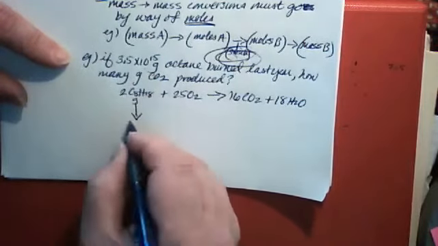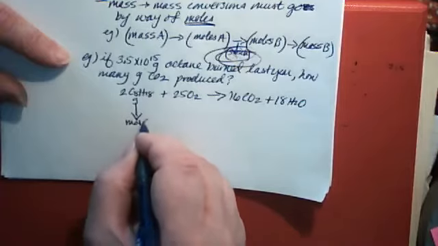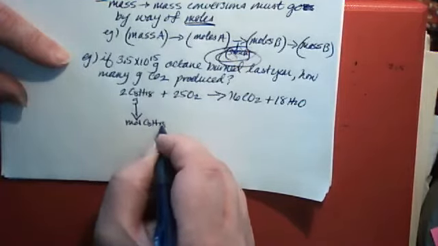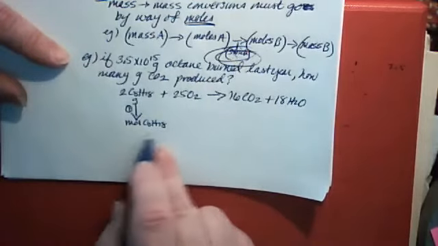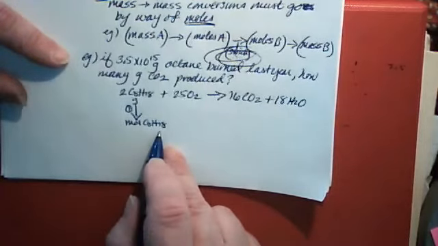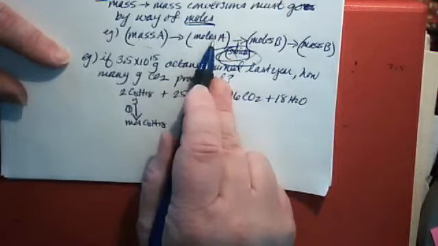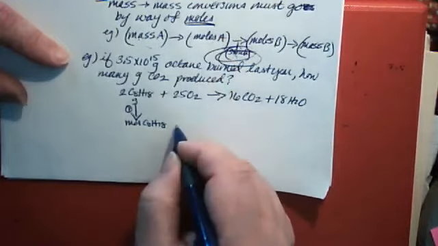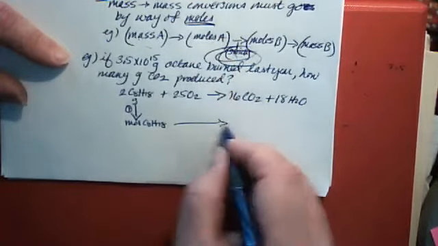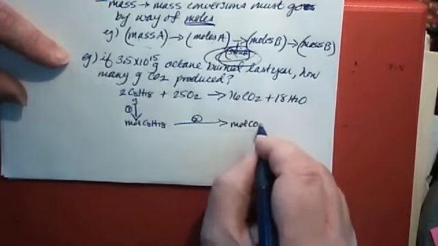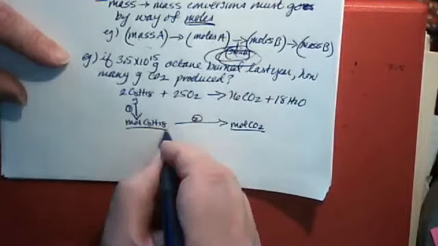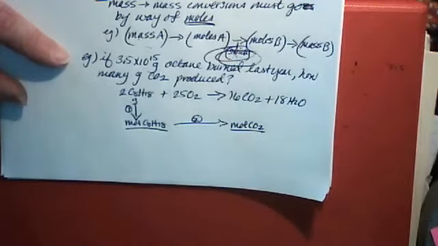So what we're going to have to do is, first of all, change that to moles of octane. See, that's going mass of A to moles of A. Then, in step 2, we can change that to moles of CO2.